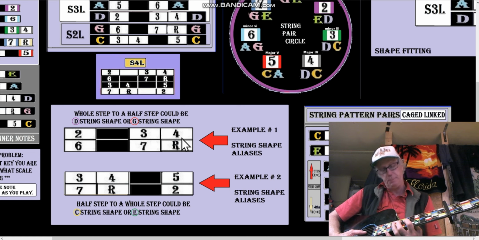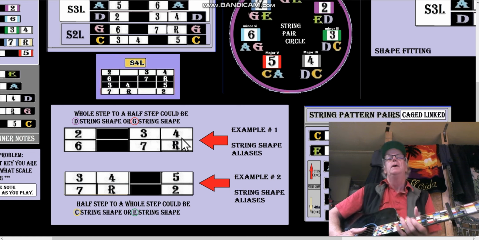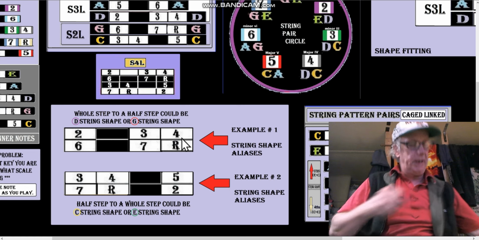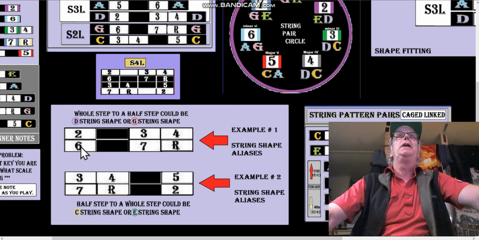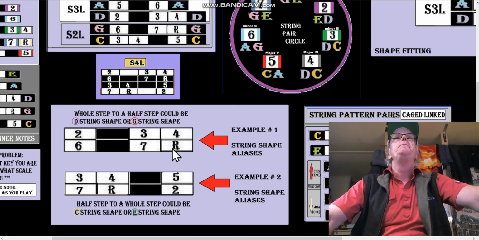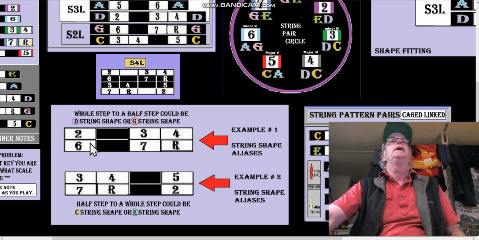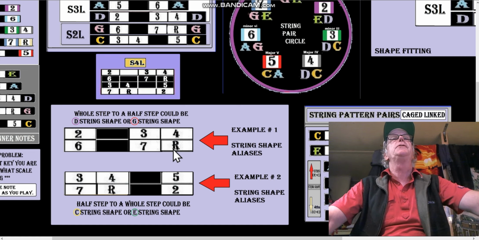Okay, instead of it being 6, 7 root. So how do we eliminate string shape aliases when you're playing a whole step or half step? Is it the 6th? It could only be 2 things. It's either the G shape 6th, 7th, or root, or it's the D shape 2nd, 3rd, or 4th.